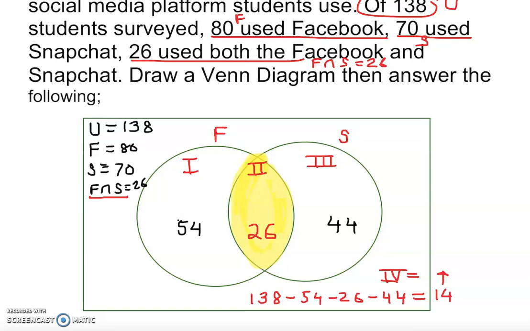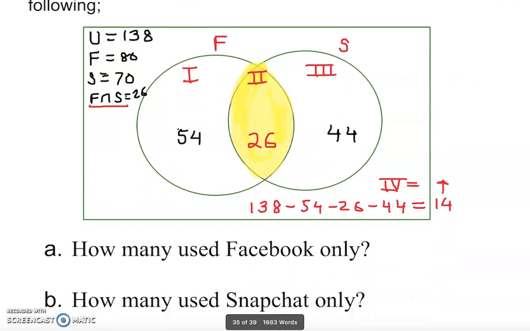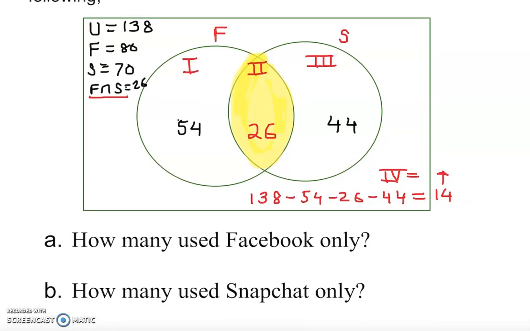Now we have found all of the reasons. Now we can go down and answer the questions. They ask how many used Facebook only. Remember, this is the Facebook, total 80.